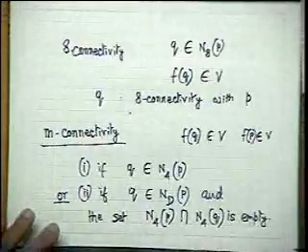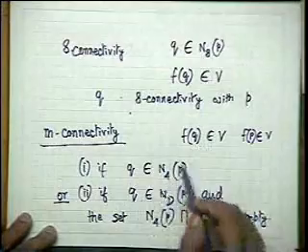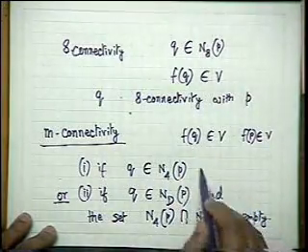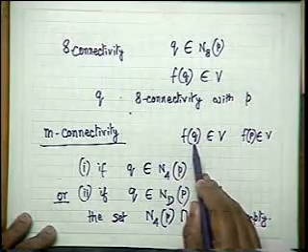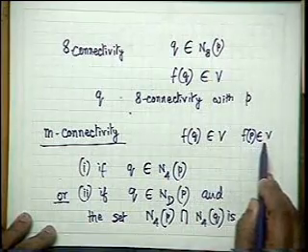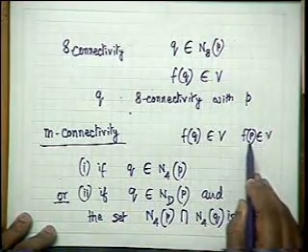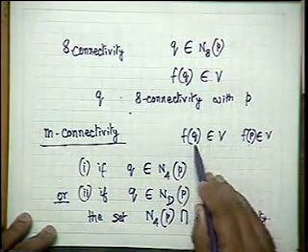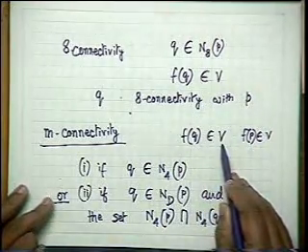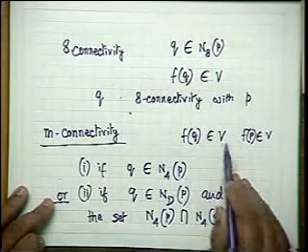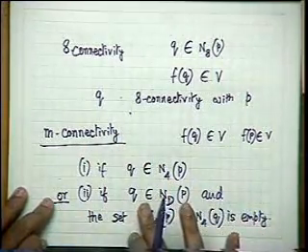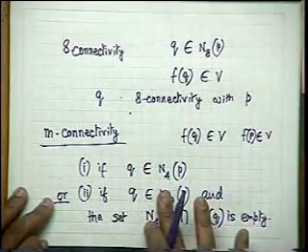The question which was raised was that the intensity values were not mentioned, but this is the basic condition: F of Q belongs to the set V, F of P belongs to the set V. That means both the pixels P and Q have their intensity values belonging to this set V. Only then will the definitions of 4 connectivity, 8 connectivity and M connectivity hold good.